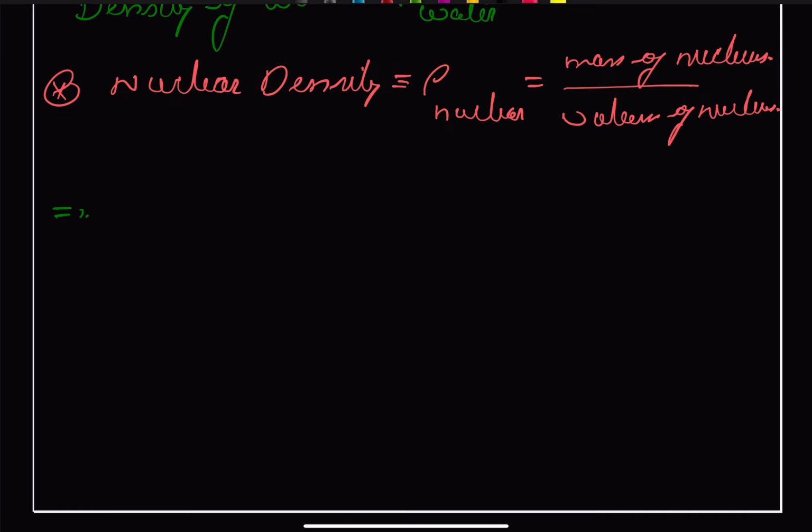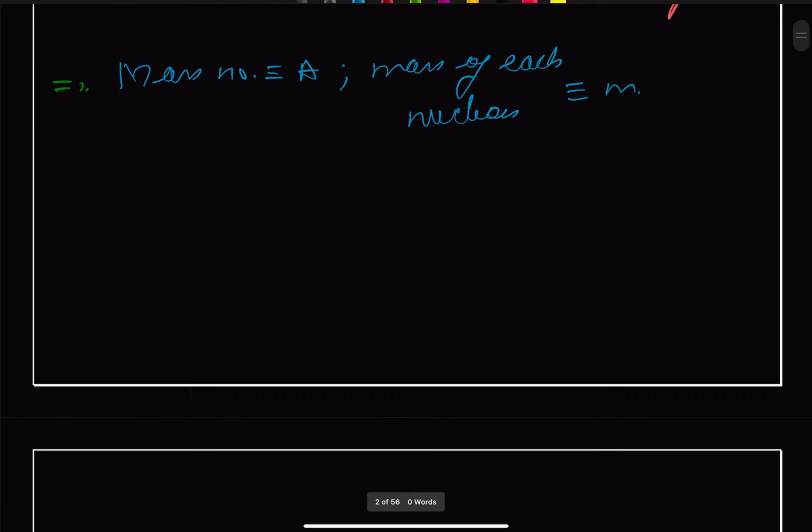So we say that our mass number is suppose A, and mass of each nucleon is, let us suppose, small m.